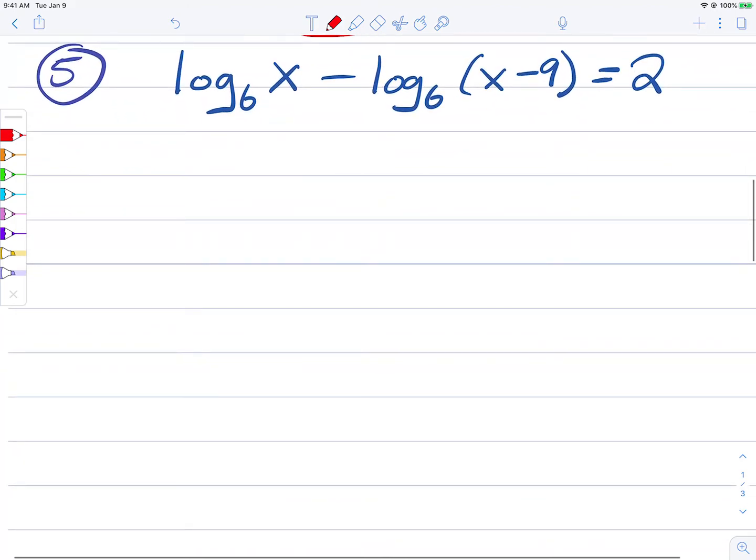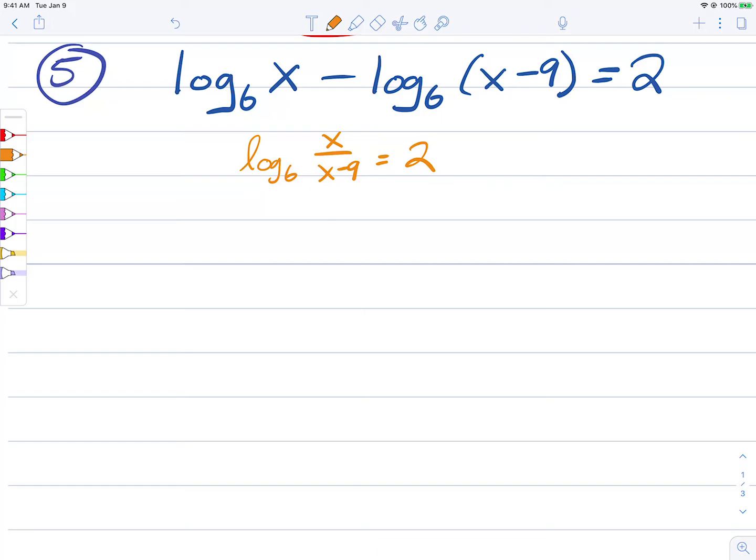Okay, let's try another one. So on this problem, I have both log base 6's, and it is a subtracting of the logs, which means using the property of logs, if it's a subtraction, I can condense it by dividing. So I'm going to have x over x minus 9 equals 2. So I do actually have a base on this one, 6.